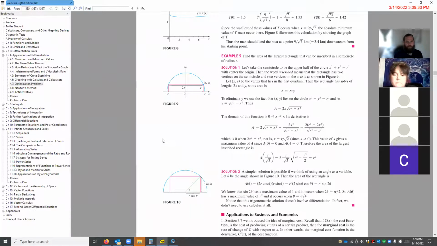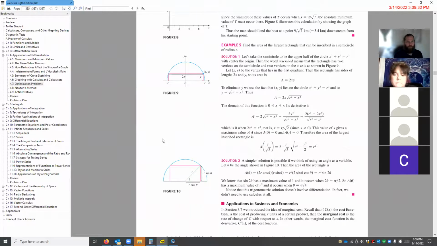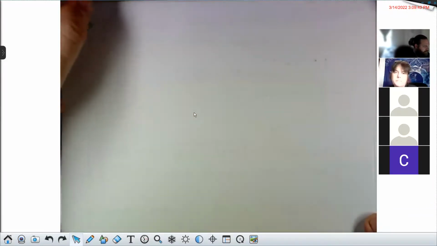Look at something fun. Largest rectangle in the semicircle of radius r. Sure. Well, I'll simplify this a little bit because we only have a few minutes.